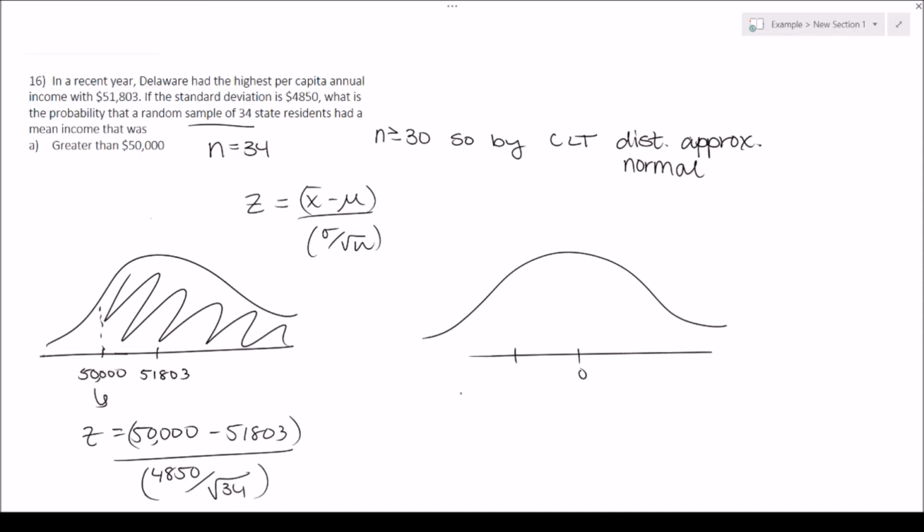I'm getting a z of negative 2.16767, which gives me a z of negative 2.17. So I'm going to look that up in my z table.